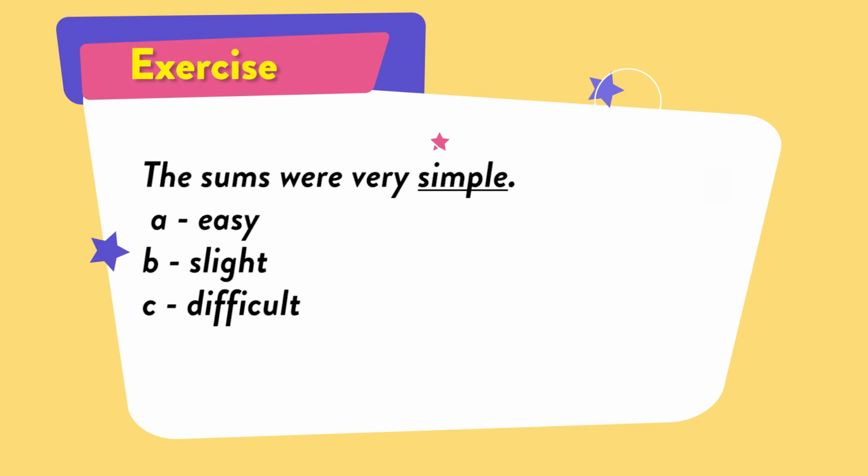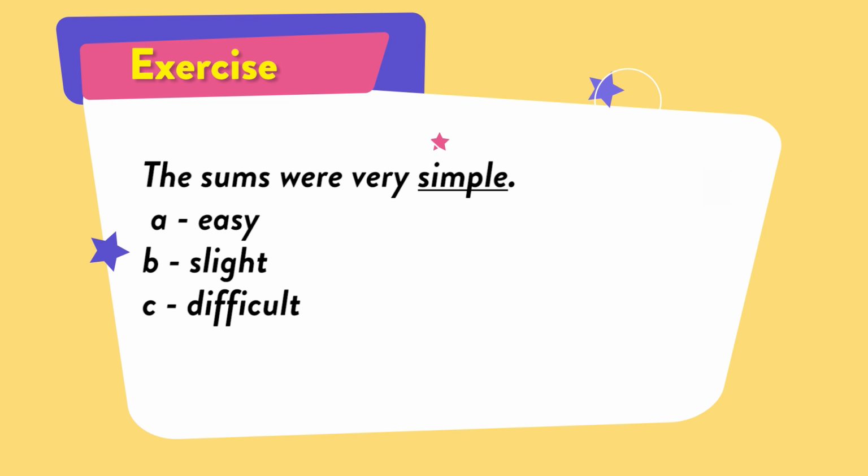Let's go on to this other exercise, which is in a multiple choice format. In this exercise, we need to choose the correct word, which is the opposite in meaning of the underlined word. Let's look at the first sentence. The sums were very simple. The word underlined is simple. Our options are A, easy, B, slight, and C, difficult.